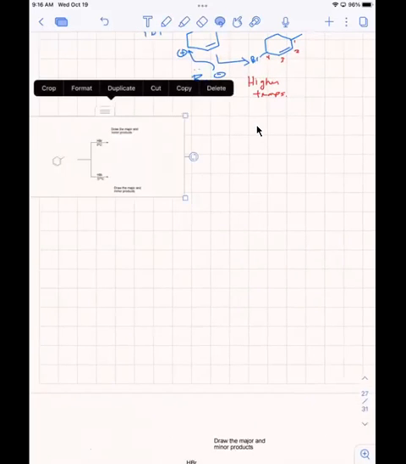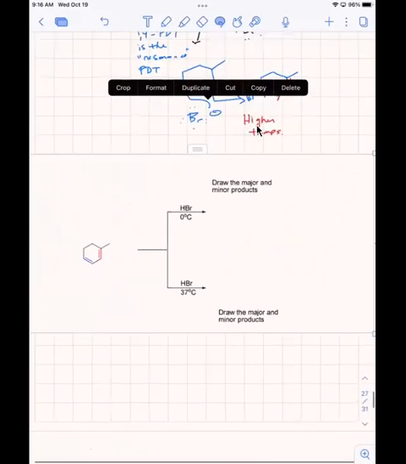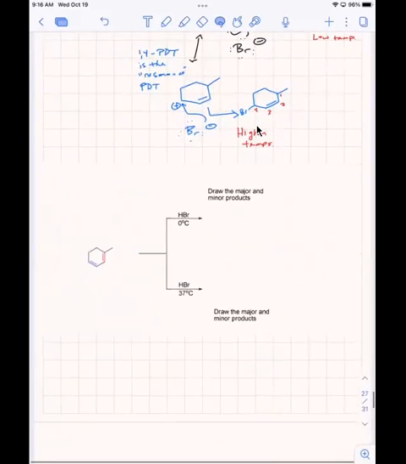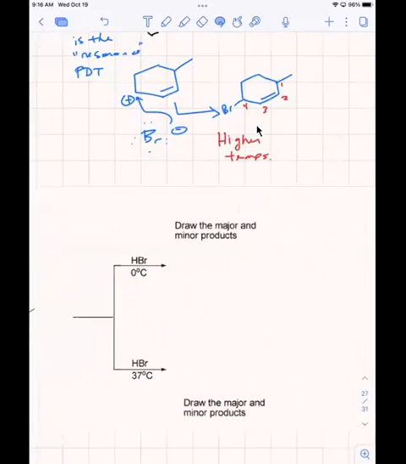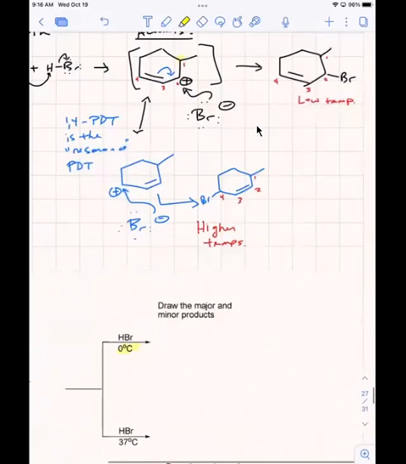So here, when it asks us about the major and the minor products at 0 degrees, right? At 0 degrees, which is low temperature, the major product is going to be this one.